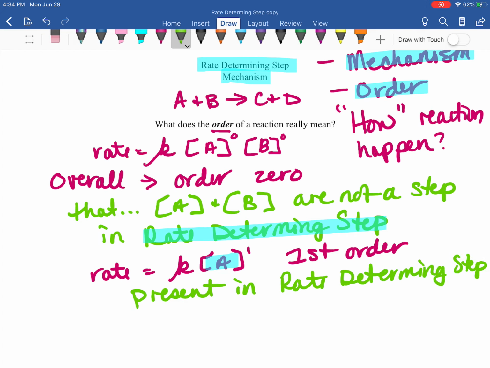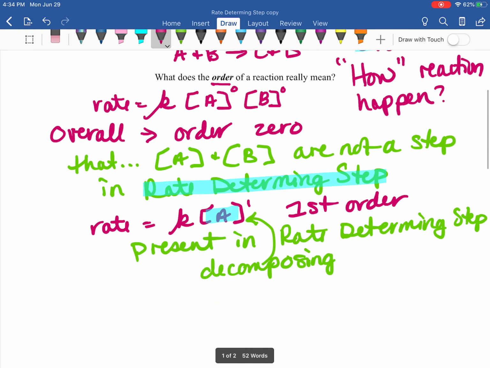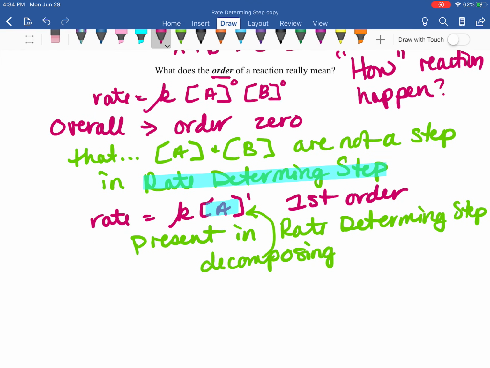But it's by itself. So literally whatever your compound is, it is decomposing in the rate determining step. That's what that order means. That first order compound is decomposing in that rate determining step, and it is by itself. That is a step in your process.